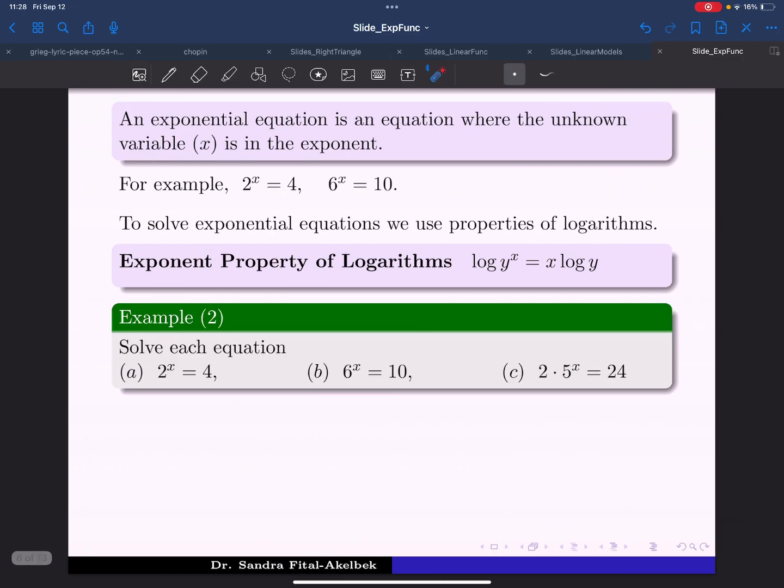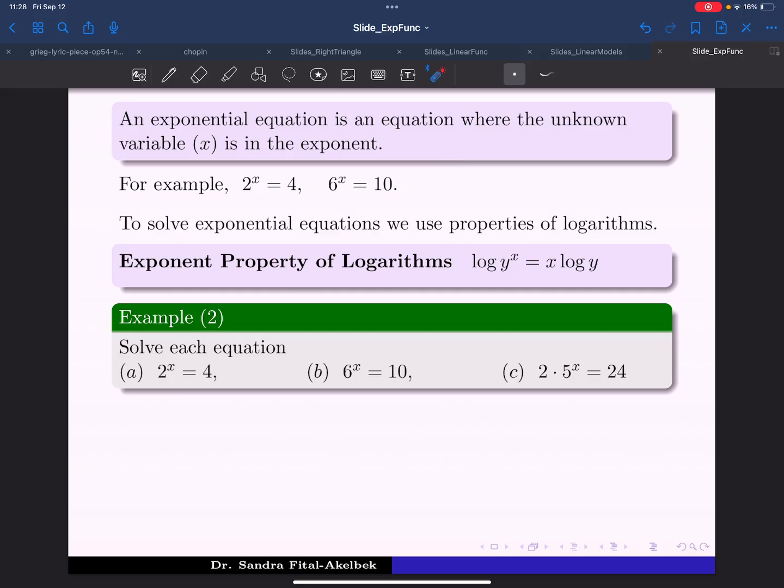An exponential equation is an equation where the unknown variable x is in the exponent. For example, 2 to the x, that's the unknown, is in the exponent. Let's call it an exponential equation. Another example, 6 to the x is equal. To solve exponential equations, we use properties of logarithms.